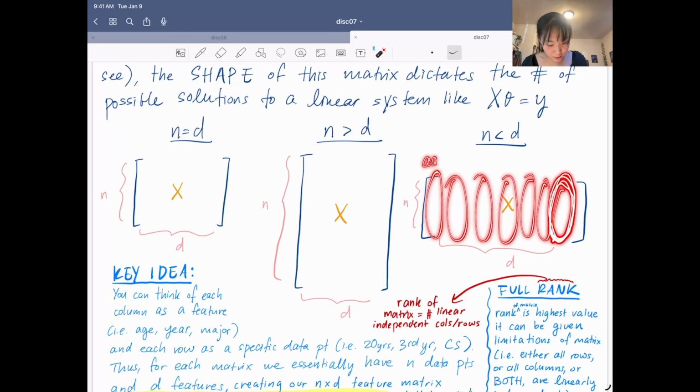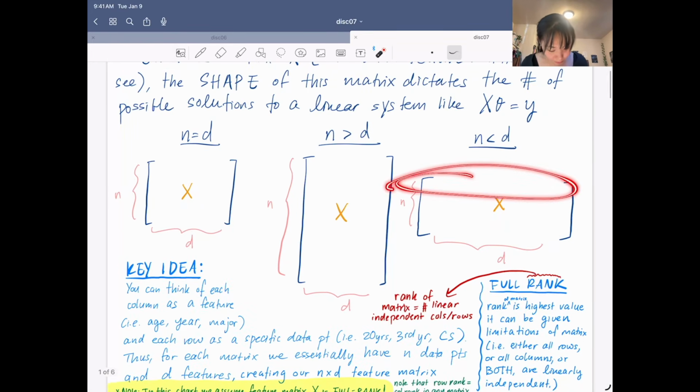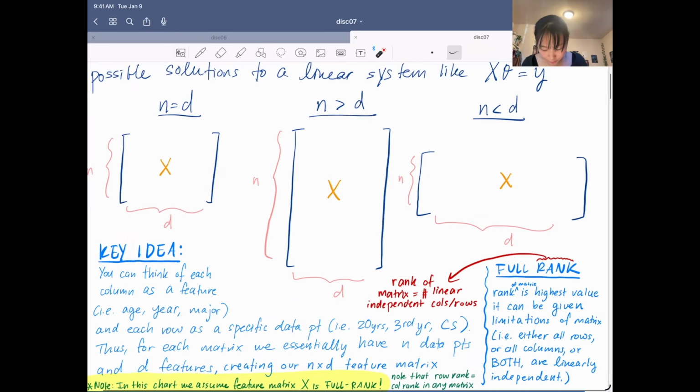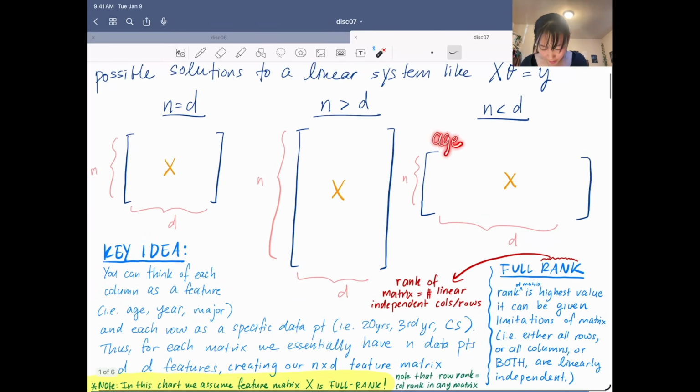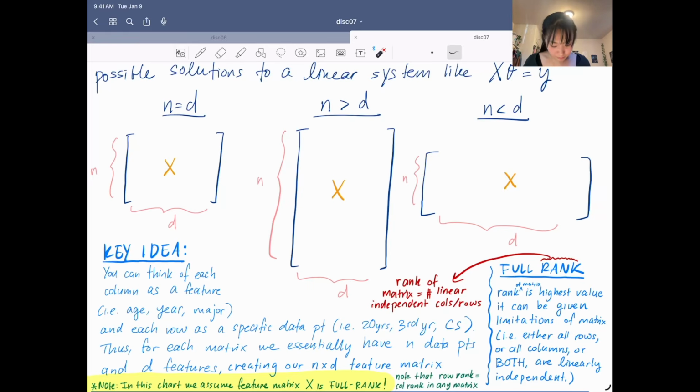For example, this is data on age, this is data on year, this is data on major, etc. And you can think of each row as a specific data point. So, for example, if our d columns were age, year, and major, then one specific row could be a very specific data point, like you're 20 years old, you're in your 3rd year at Berkeley, and your major is CS.